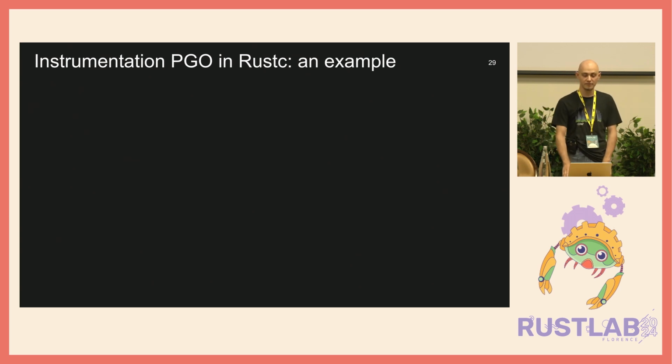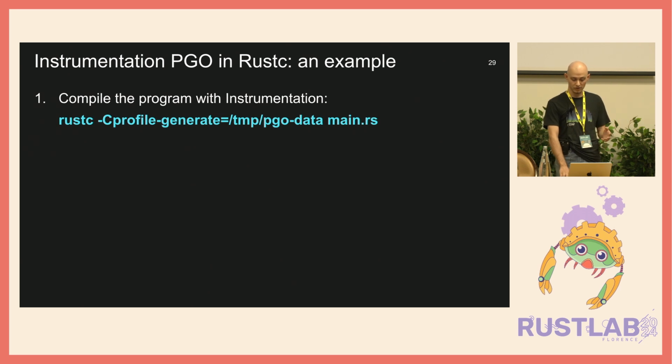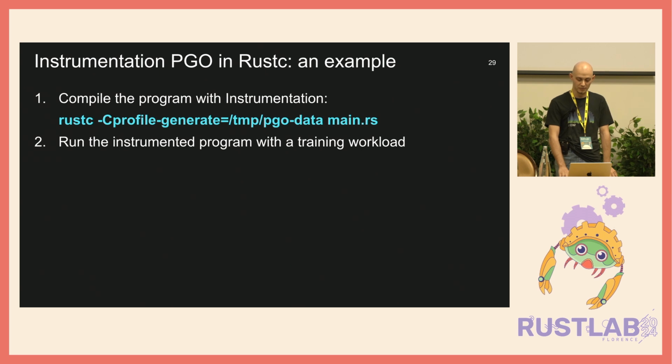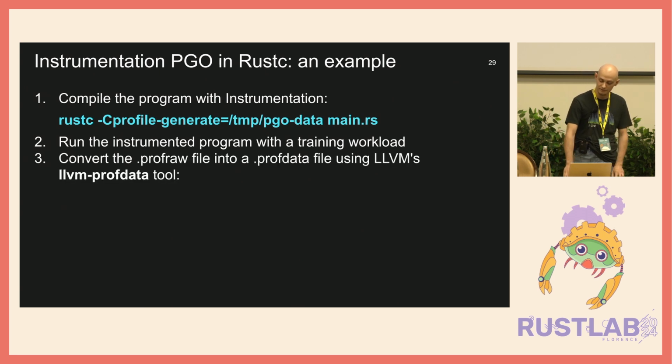So let's start with the most basic example, instrumentation PGO in Rustc. Compile the sample program with instrumentation. Run the instrumented program on a training workload, whatever you want.